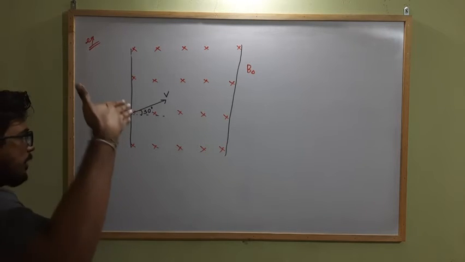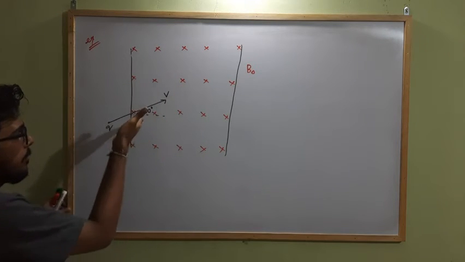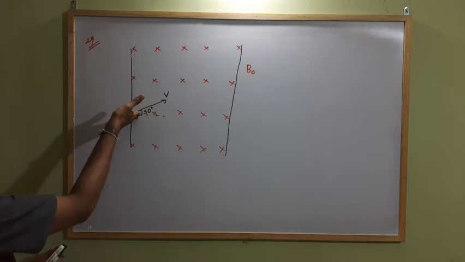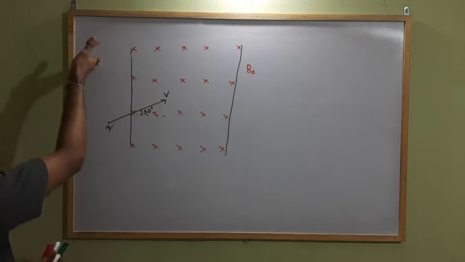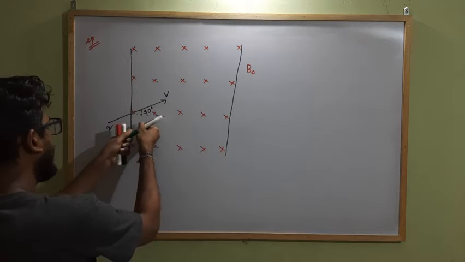As the field is into the plane and the velocity direction is like this, the magnetic force acting on it will be along this direction, perpendicular to the velocity.